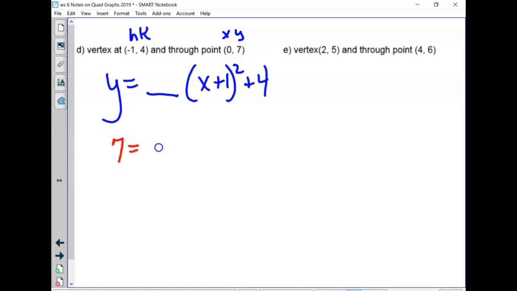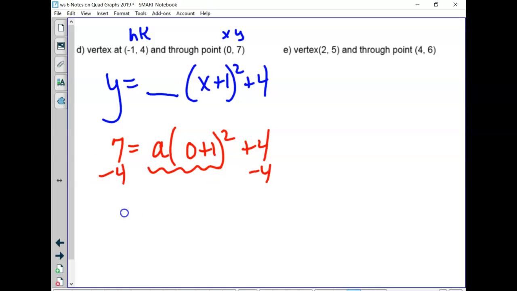So I'll have y equals 7, x equals 0. What happens? All of this is multiplied together, and I need to subtract a 4 over here. What is 0 plus 1 squared times a? Just 1a, right? So the a is... Almost have time to do one more.